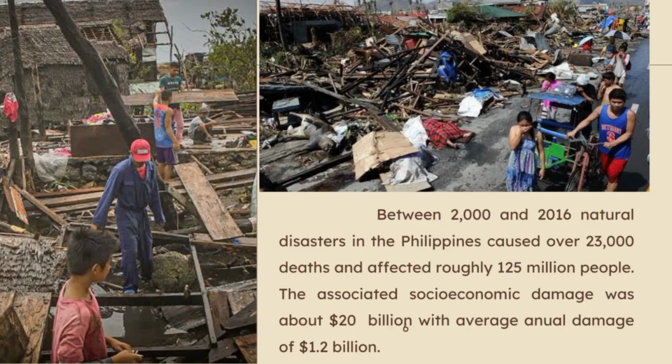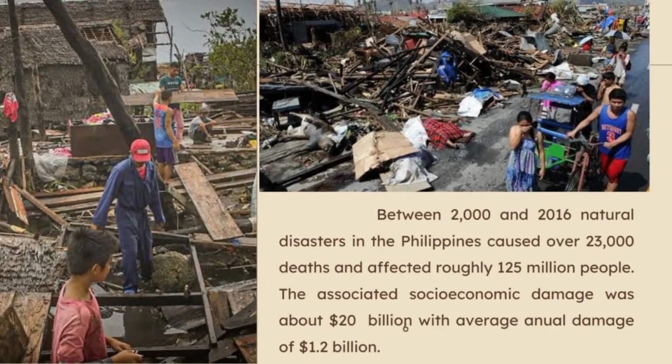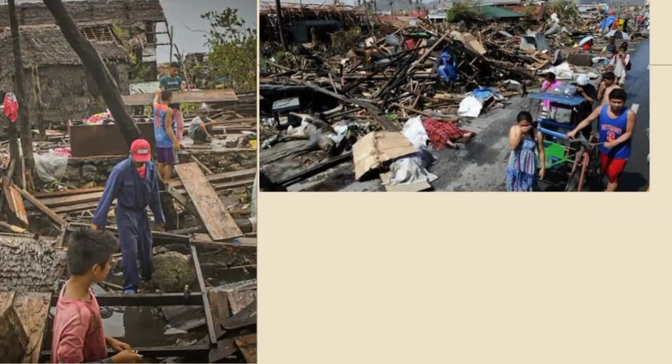Between 2000 and 2016, natural disasters in the Philippines caused over 23,000 deaths and affected roughly 125 million people. The associated socioeconomic damage was about $20 billion with an average annual damage of $1.2 billion.